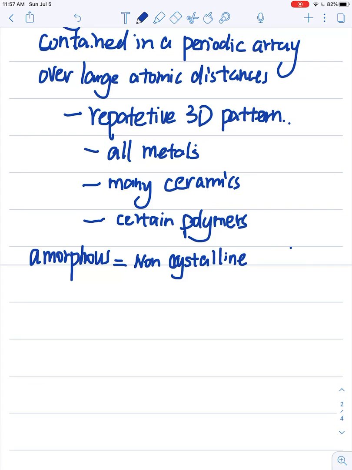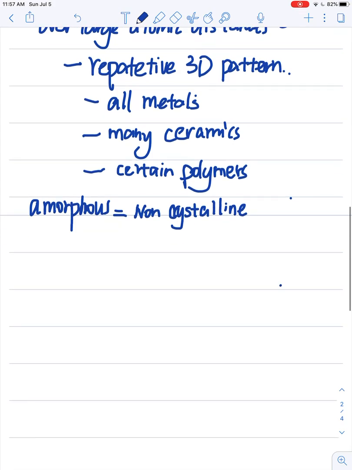So amorphous is the opposite of crystalline, and these materials just don't crystallize, which means there's no crystallized structure, there are no repetitive 3D patterns, and you will find most of the polymers are amorphous.